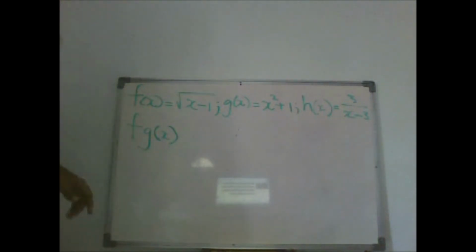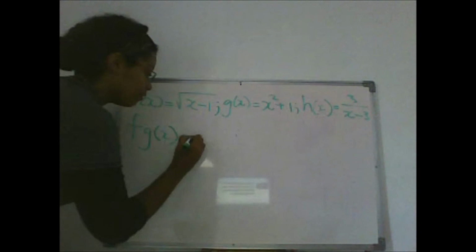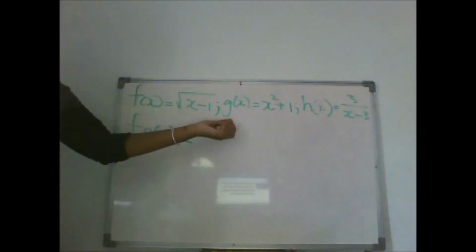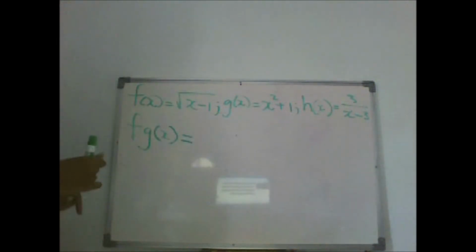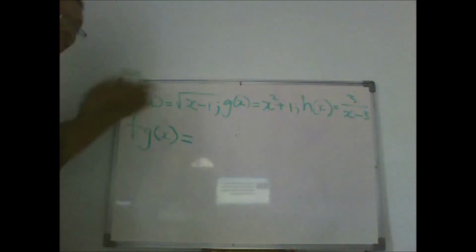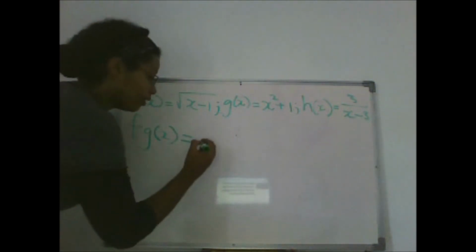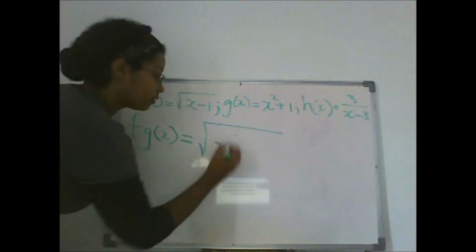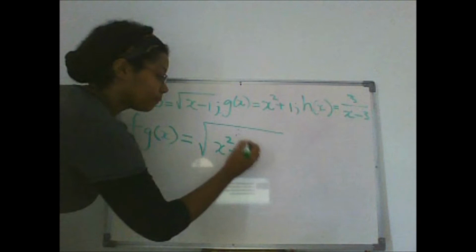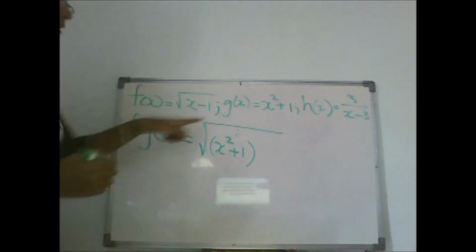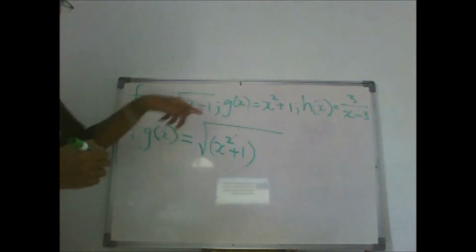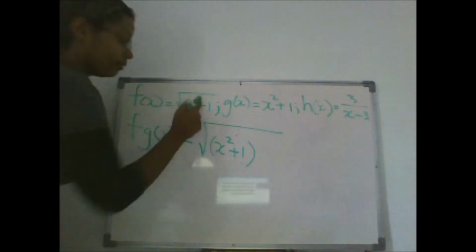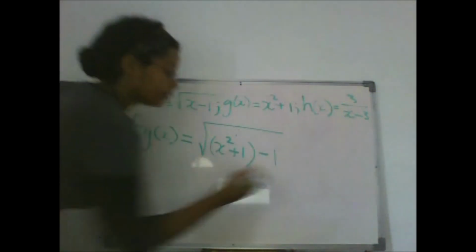So we're going to stick g of x into f of x and then solve. We have g of x up here, which is x squared plus 1. And wherever we see x, we're going to put it into f of x. So what we're left with is the square root of x squared plus 1, because we're sticking that wherever we see x, minus 1.